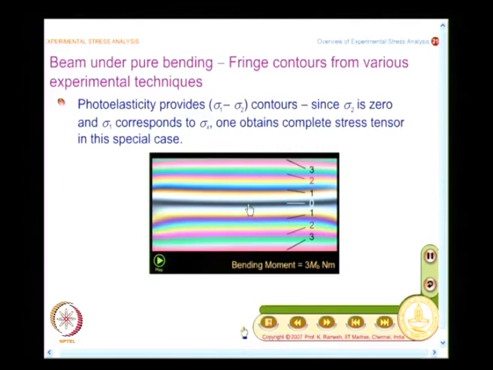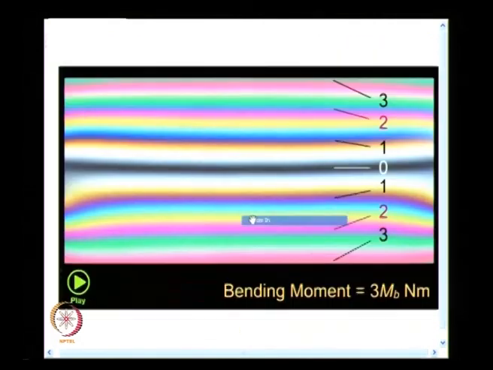By looking at the color, it is possible to identify the number associated with the fringe in photoelasticity reasonably well with the eye. With developments in digital image processing, techniques like three-fringe photoelasticity have been developed, where you could pick out these RGB values very comfortably and then label these numbers.